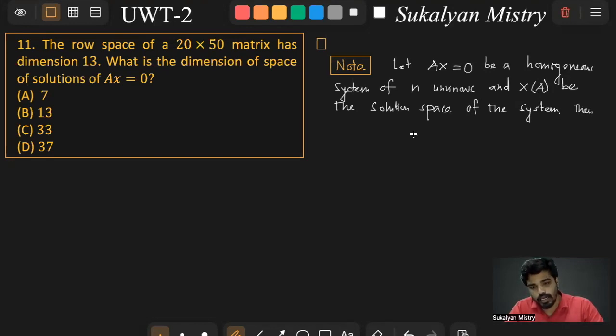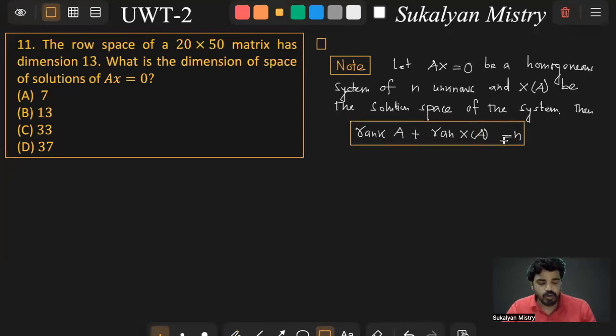Then rank A plus rank of XA is equal to n. You can open the book and see this result, Lipschutz theorem 4.10.3. So that is rank of A plus rank of the solution space XA, where XA denotes the solution space, is equal to n.